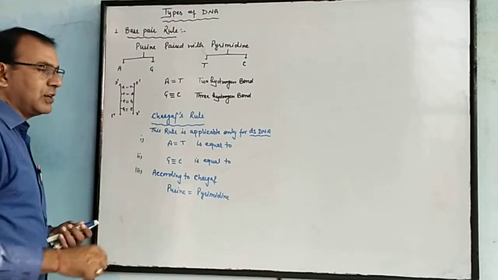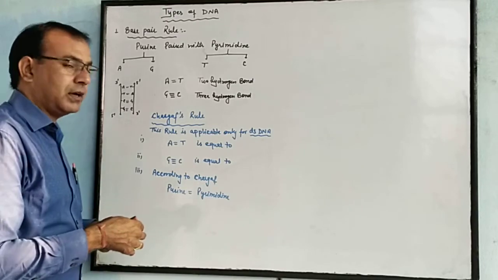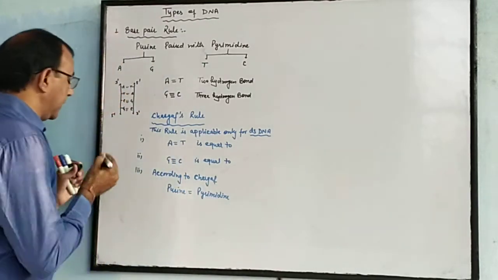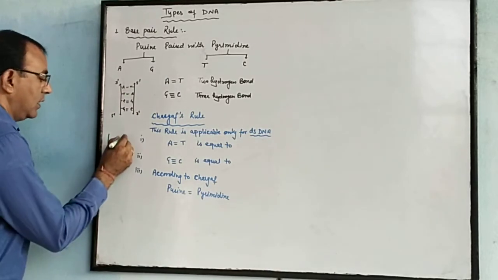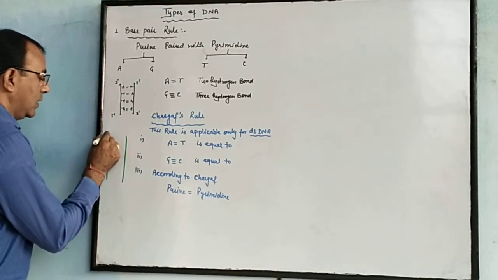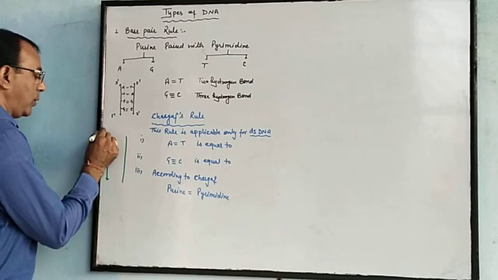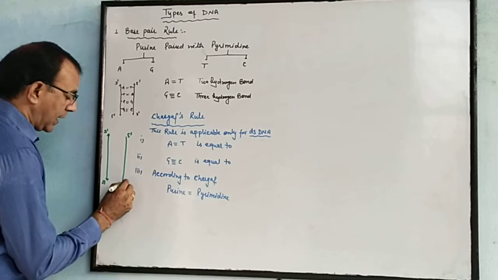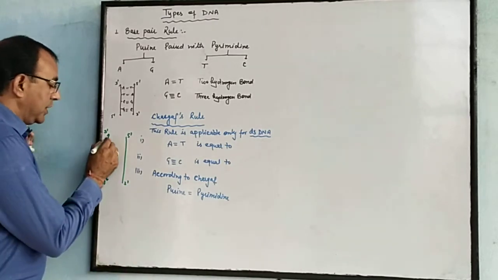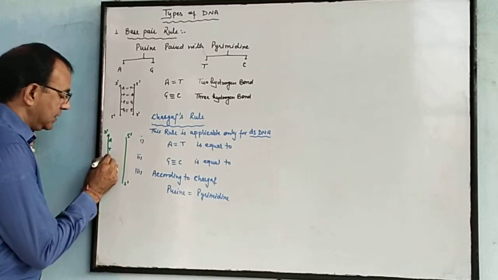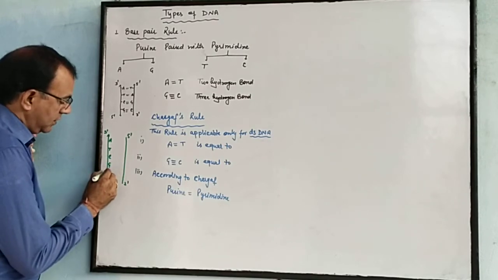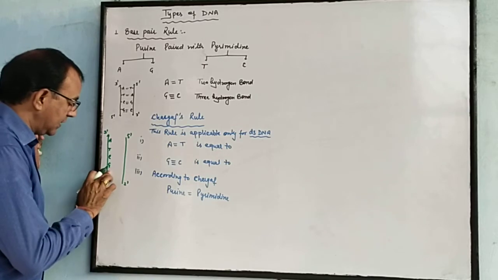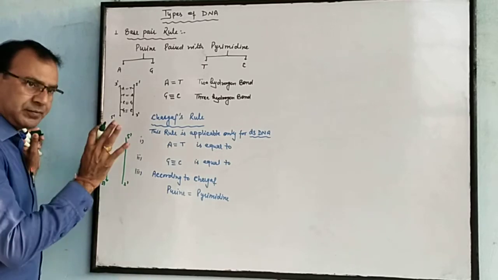How? This rule is applicable for dsDNA. Suppose this is the double stranded DNA. The first strand has polarity 3' to 5' and the second one is 5' to 3'. Suppose here is A, T, C, G and C, or G again, or ATCG.